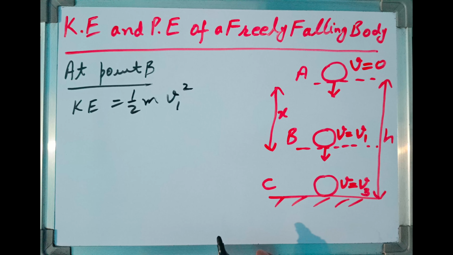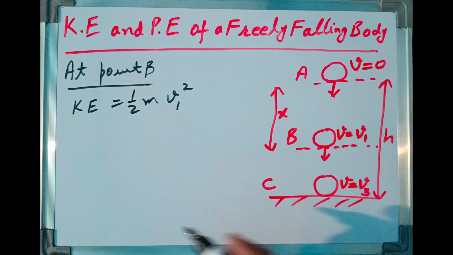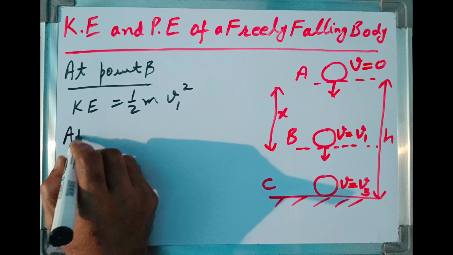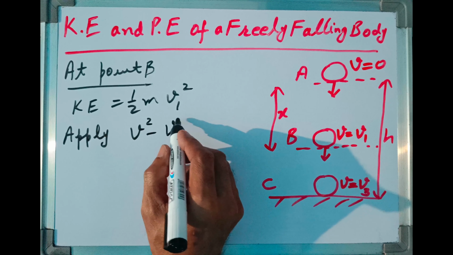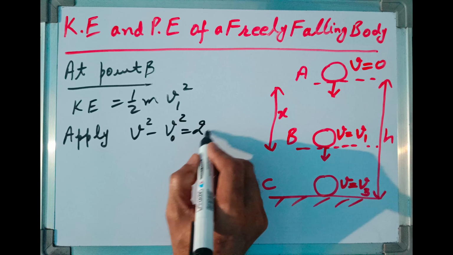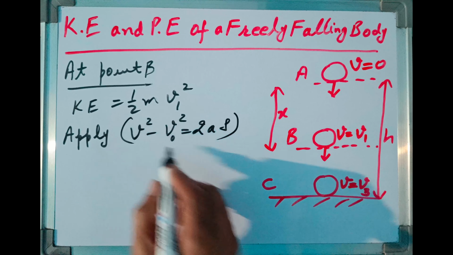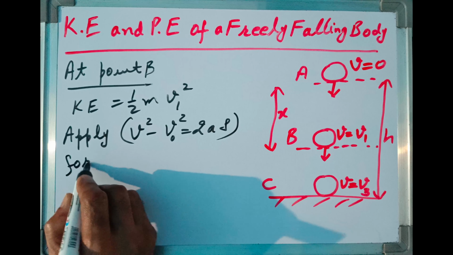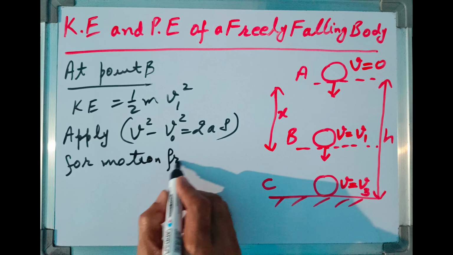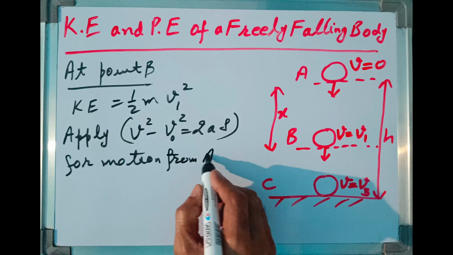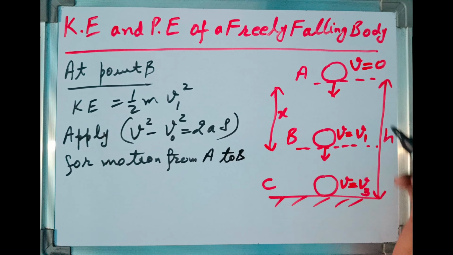So now we have to find value of v1. Value of this speed can be calculated by using the formula. We shall apply equation of motion v square minus v naught square equal to 2as. This is to be applied for motion of body from point A to point B. When it moves from A to B, final velocity is v1, initial velocity is 0.